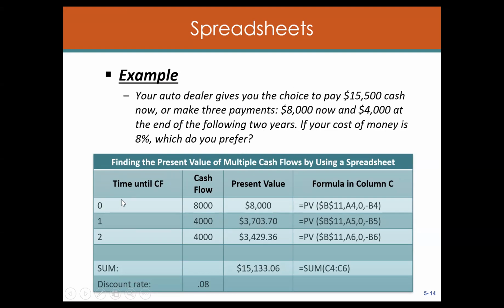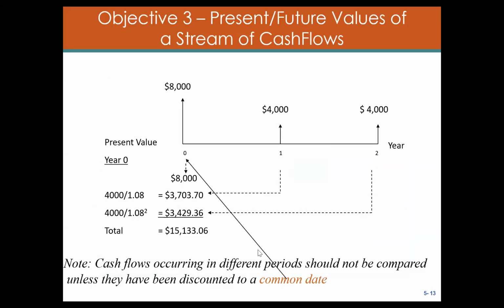So my options are either I pay 15,500 now, or I pay 8,000 now, 4,000 year 1, 4,000 year 2. You have the answer in front of you because we've done it already in the stream of cash flows.